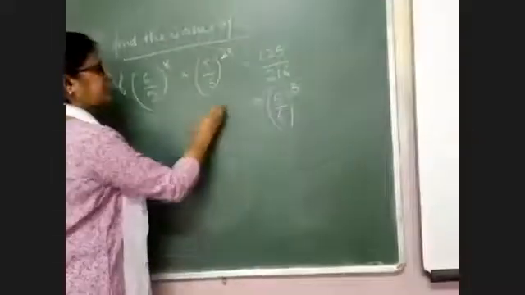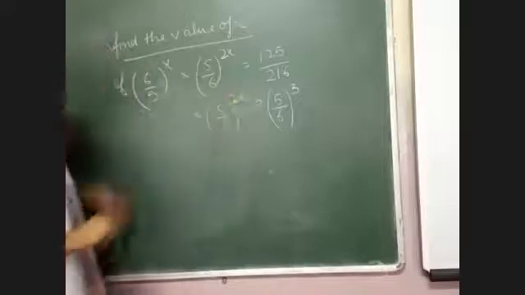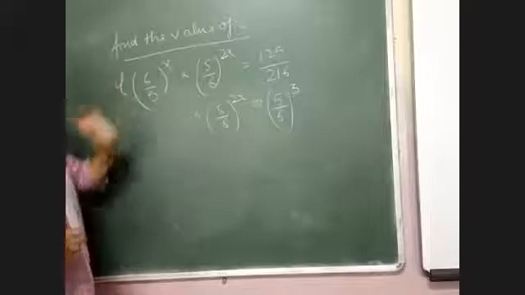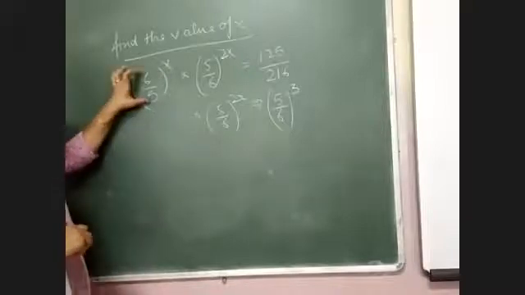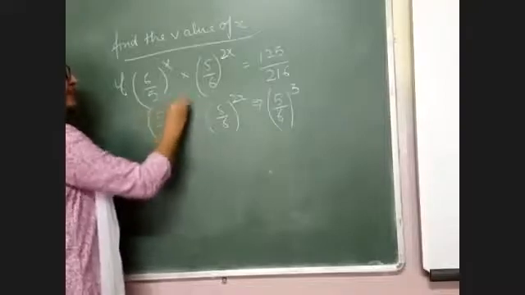And this is already given, 5 upon 6 raised to the power 2x. Now here in this question, it is given 6 upon 5 raised to the power x. When you take the reciprocal of this number, the power becomes negative.